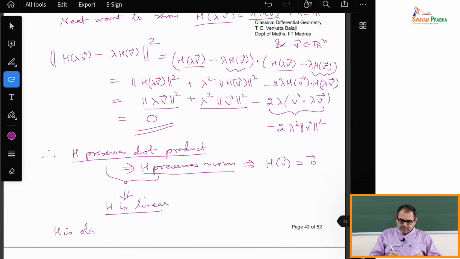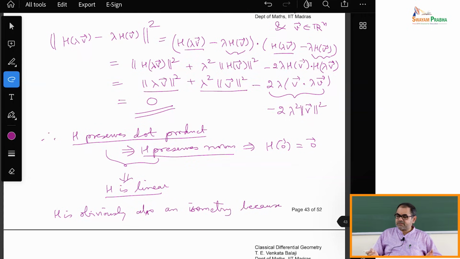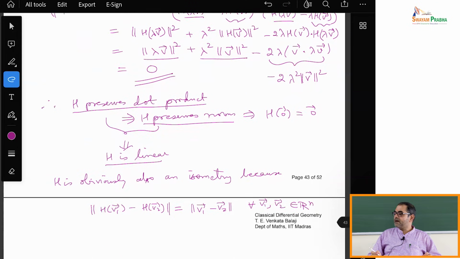That is obvious because it preserves norms basically, because you see norm of H V1 minus H of V2 will be equal to norm of V1 minus V2 for all V1 comma V2 in Rn. This will happen automatically.